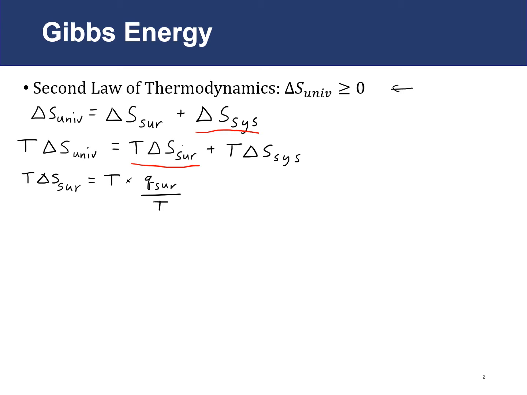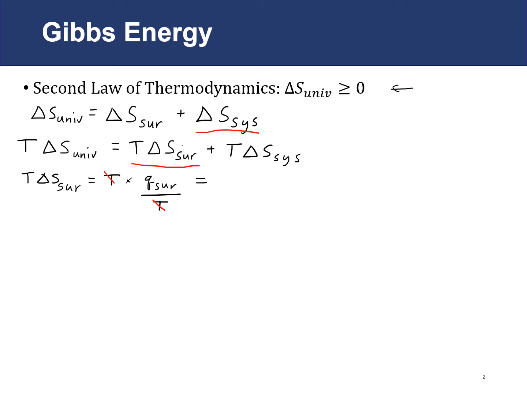It's the amount of heat being transferred to the surroundings divided by the temperature at which it's being transferred. And remember again that entropy can be thought of as the dispersal of heat. So we can take our temperatures, cross them out, and so we now have the temperature times the change in entropy of the surroundings is equal to the heat that the surroundings took in.